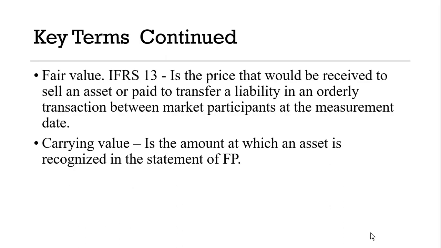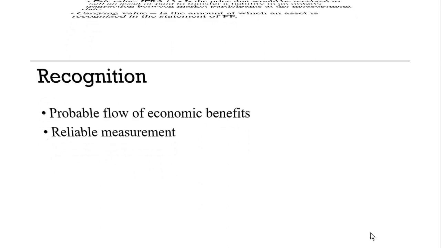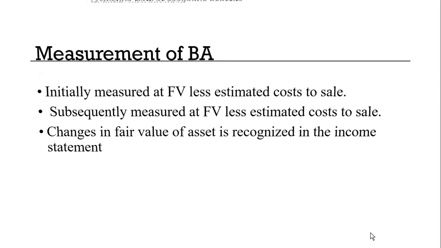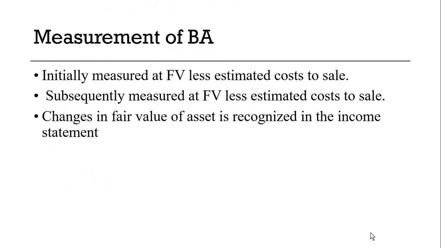Carrying value, of course, is the amount at which an asset should be carried in the FP. Again, in keeping with the framework, we must have those two requirements for us to recognize, depict by word and amount, the value of biological assets.